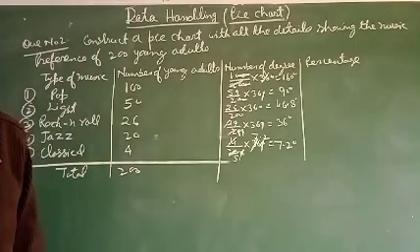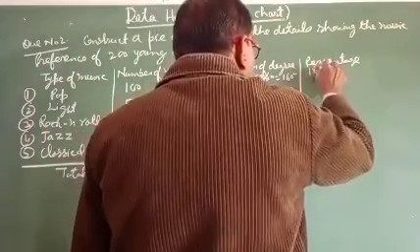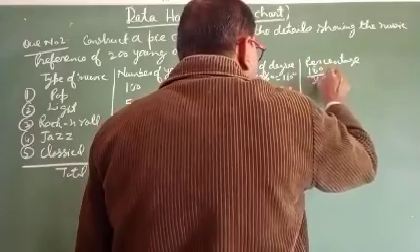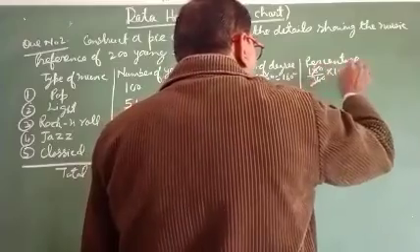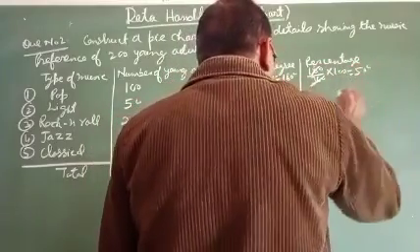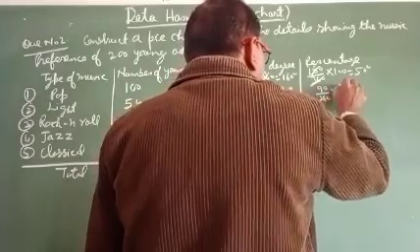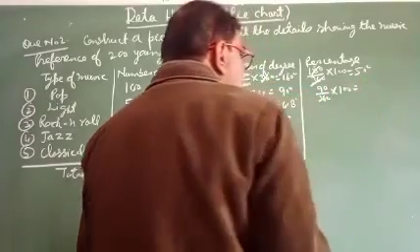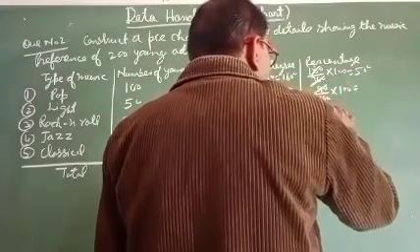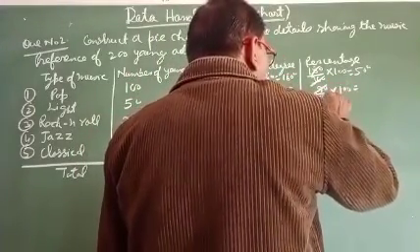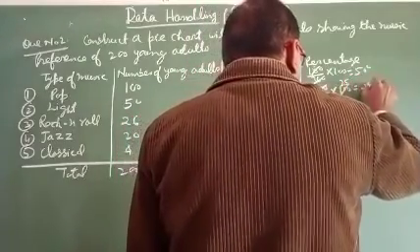Now, how to find the percentage? 180 degrees upon 360 degrees into 100 will be 50%. 90 divided by 360 into 100 will be 25%.